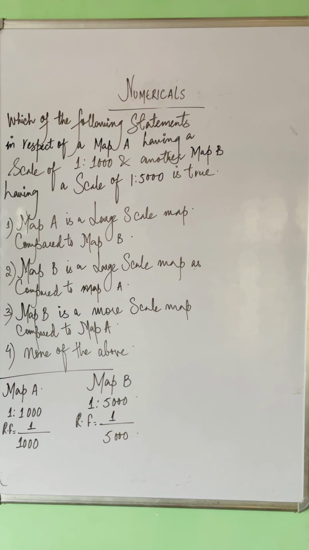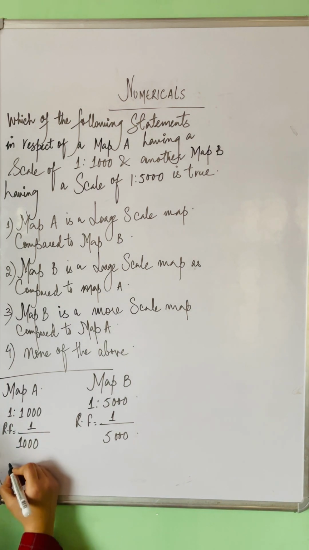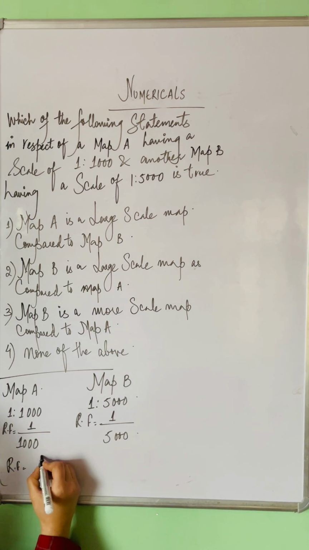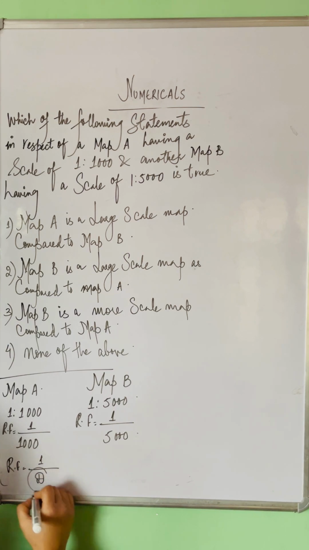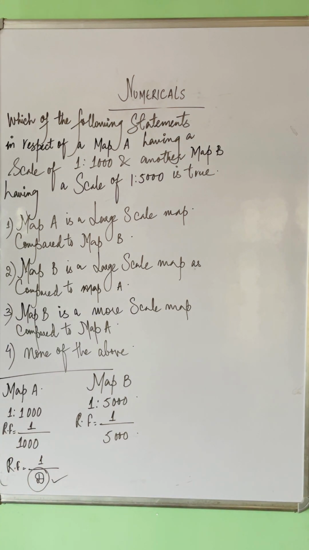If you recall the discussions of the theory part of the same chapter, Introduction and Basic Concepts of Surveying, when we were studying the scale of a map, which is the ratio that every distance on the map bears to the distance on the ground, and when we dealt with engineer scale and representative fraction, I told you that larger the denominator of the representative fraction, smaller is the scale.